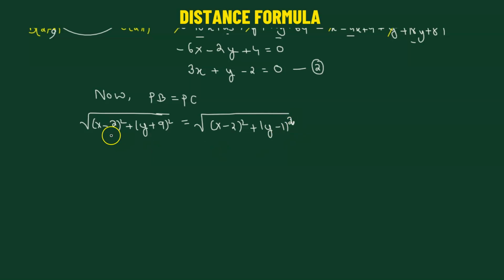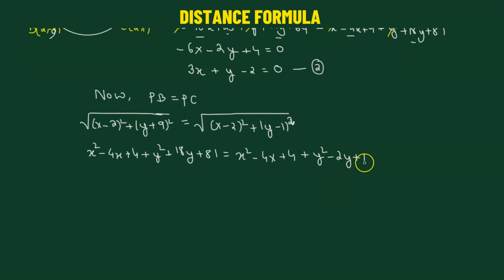Let's get rid of the square root by squaring both sides. So we have x squared minus 4x plus 4 added to y squared plus 18y plus 81, equals x squared minus 4x plus 4 plus y squared minus 2y plus 1.